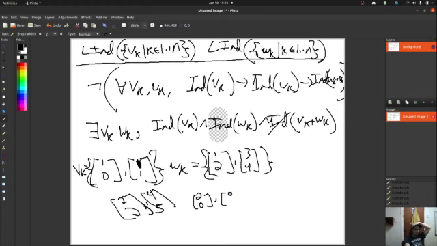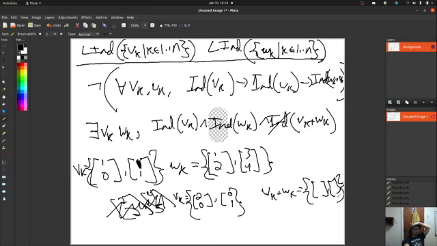Two, zero, zero, one. That way we would get vk plus wk equals 3, 2, 3, 5.